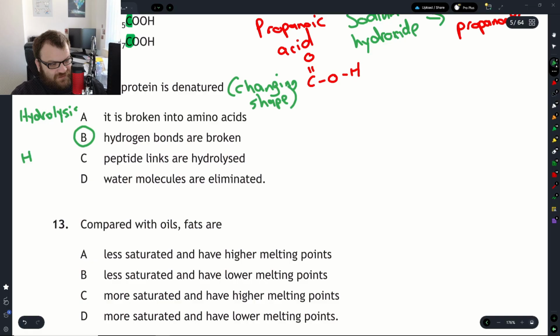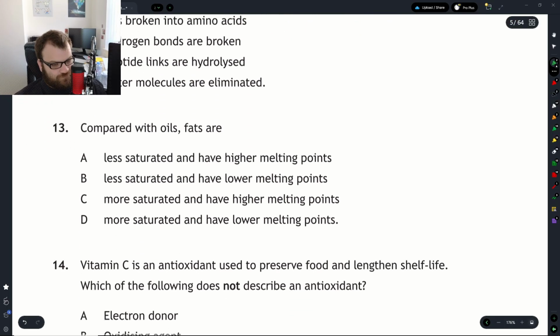Similarly, well, C straight up says that. That's hydrolysis. If you're eliminating water molecules, this, in terms of proteins, would likely be referring to a condensation reaction when you're making them, which is not what we're asked about, so our answer would be B.